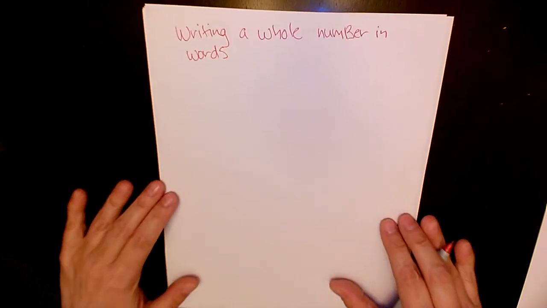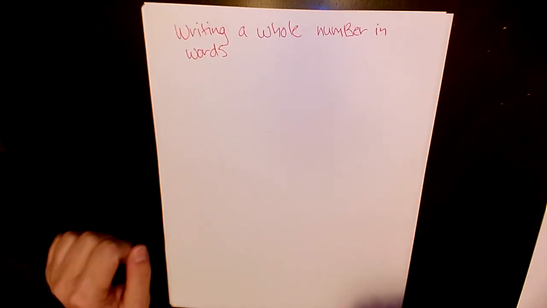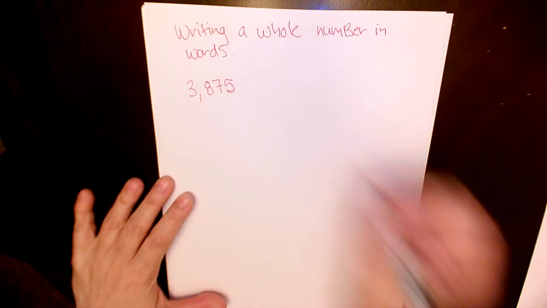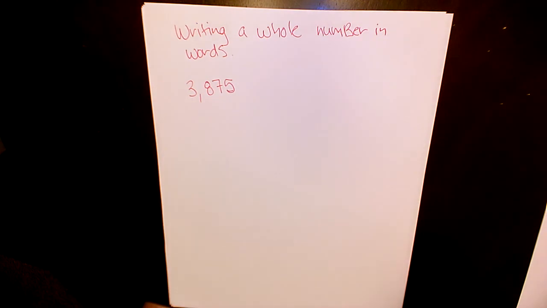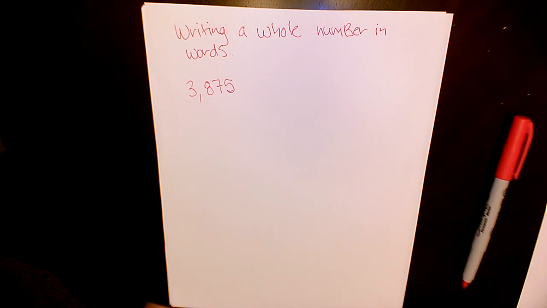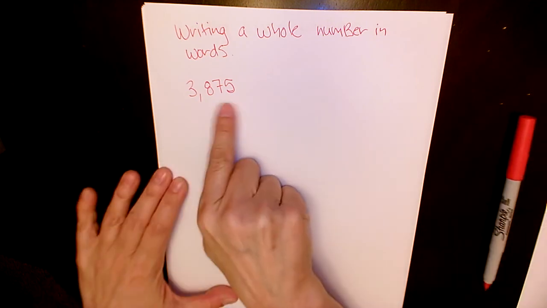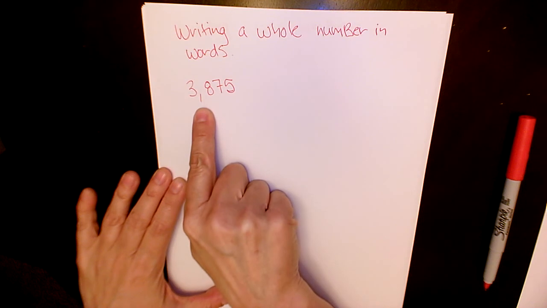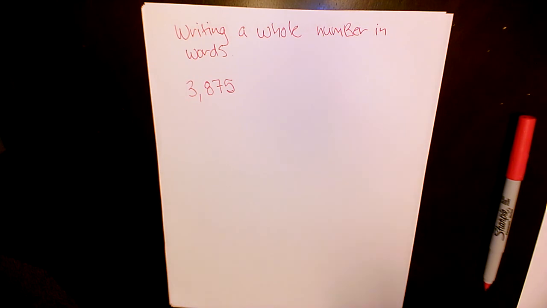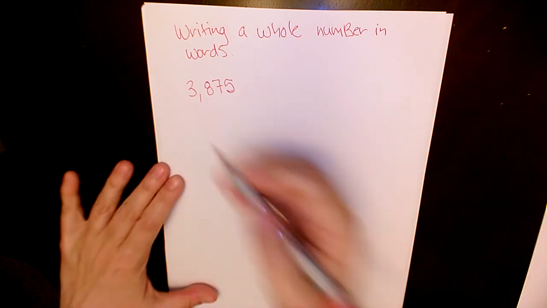How would we write one of these numbers in words? So let's say I had this whole number, 3,875, and I don't know if you know it or not, but every 3 digits we place a comma. Well, I would just write that in words, just how I just said it.